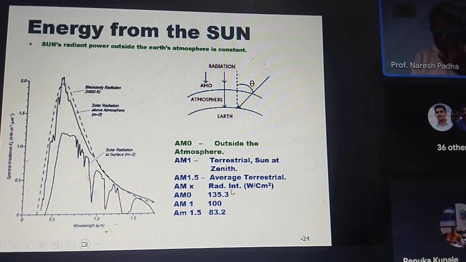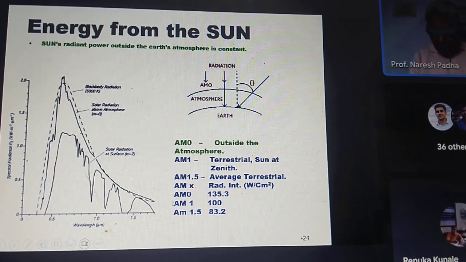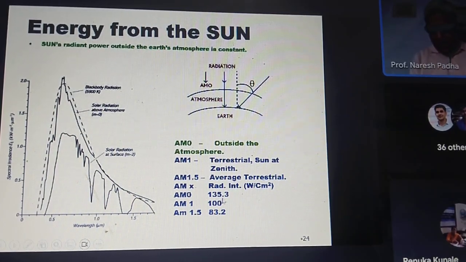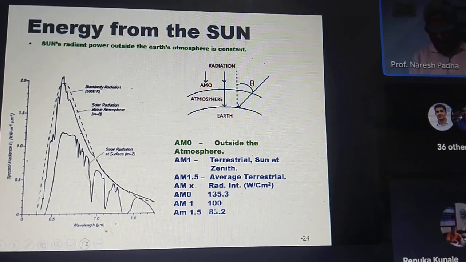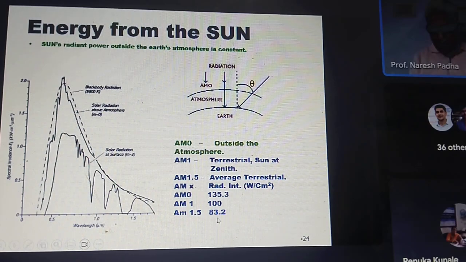AM1.5 is the average terrestrial. So AM0 gives you 135.3 watts per centimeter square, AM1 gives 100 watts per centimeter square, and AM1.5 gives you 83.2 watts per centimeter square.